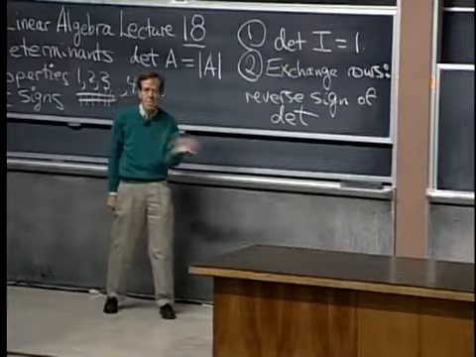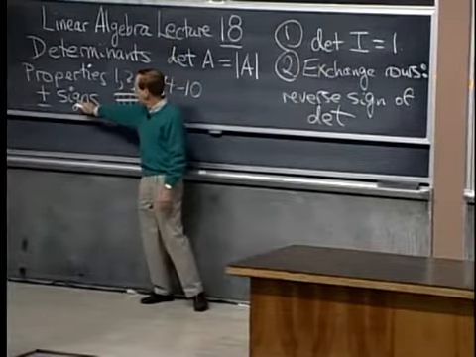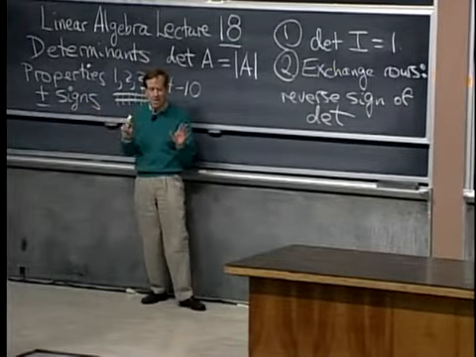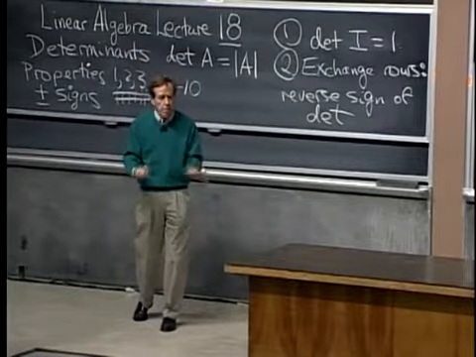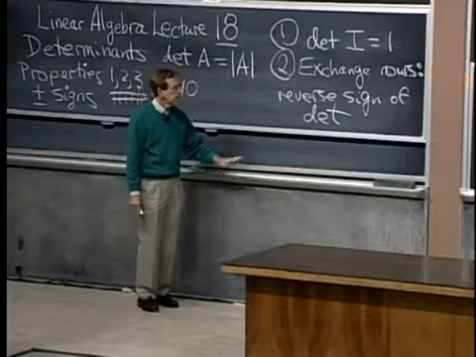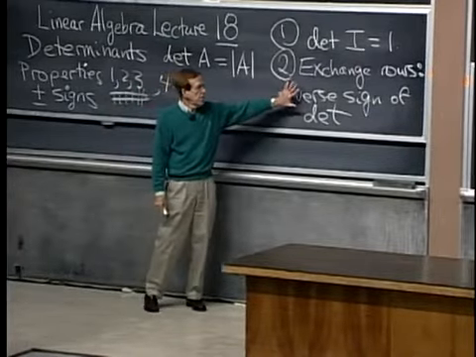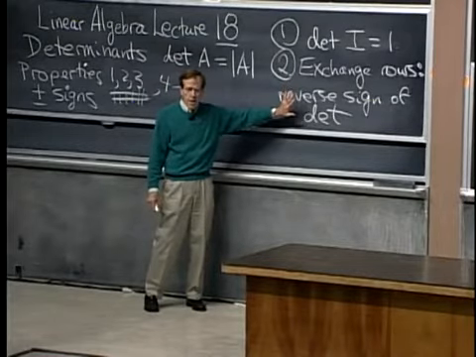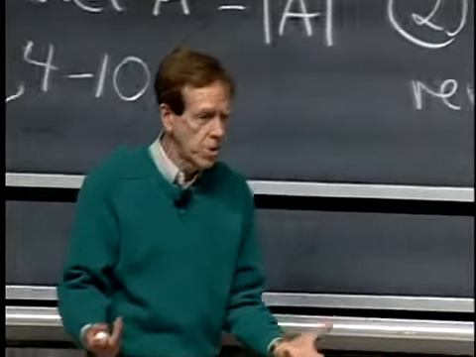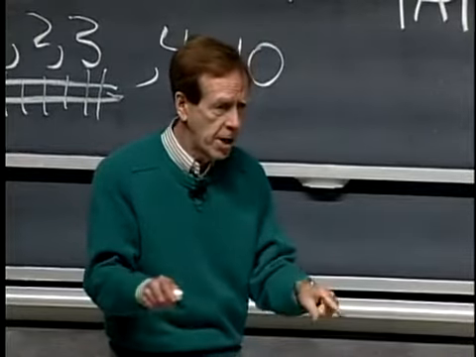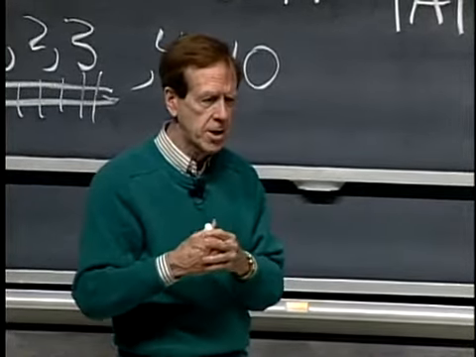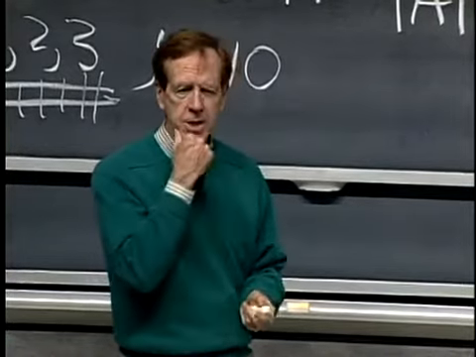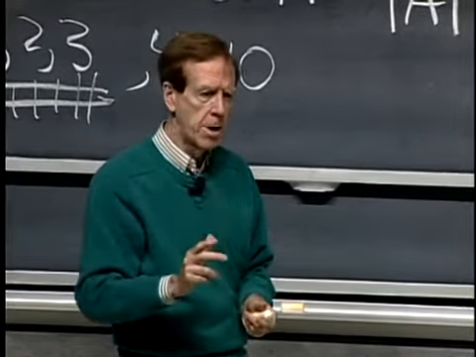A lot of plus and minus signs. I even wrote plus and minus signs here, because that's what you have to pay attention to in the formulas and properties of determinants. So you see what I mean by a property here. I haven't yet told you what the determinant is, but whatever it is, if I exchange 2 rows to get a different matrix, that reverses the sign of the determinant.